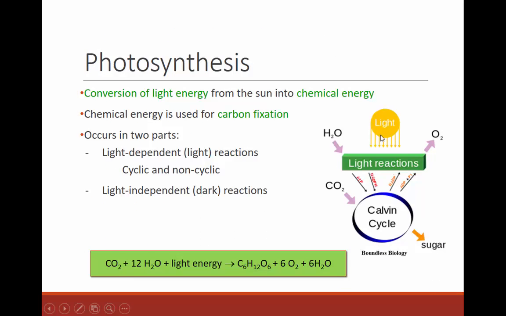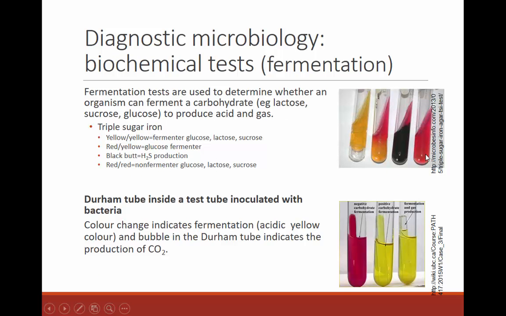So you've got a slant and a butt. Okay, so if you look at yellow, that means it ferments, so that's this one, ferments glucose, lactose and sucrose. Red and yellow, glucose fermenter, black butt. Here we've got the hydrogen sulfide production, and the red is a non-fermenter of any of those sugars. Okay, so you can tell which sugar it's actually fermenting.